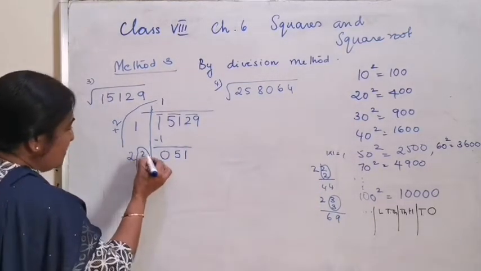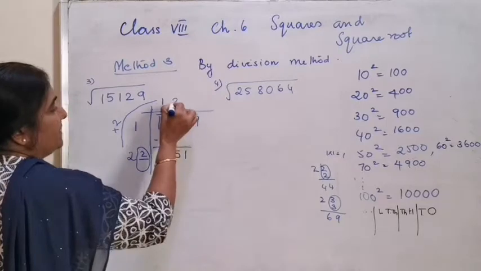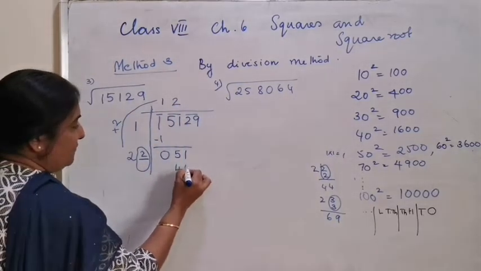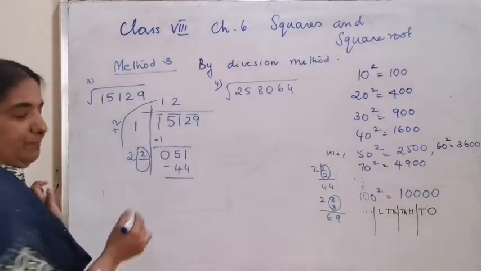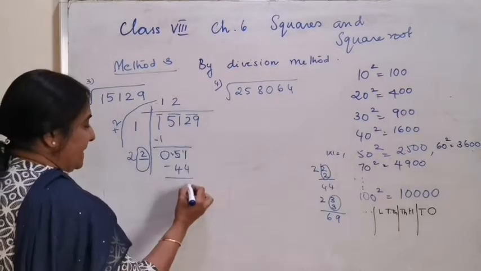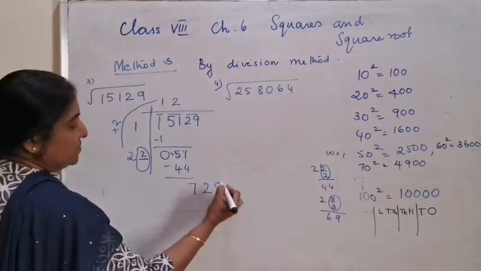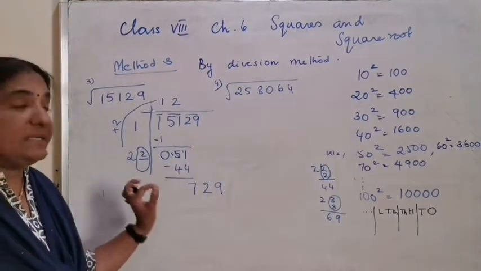That is 2 here, and the same you will replace here also. And the answer is 44, subtraction, and 11 minus 4 is 7. Now the last 2 digits, so the number is 729.